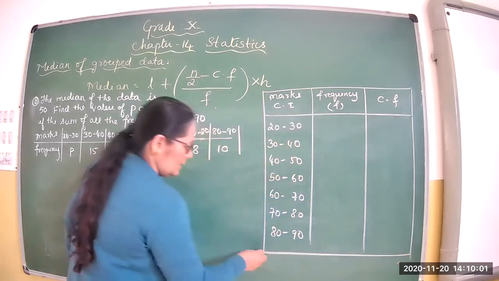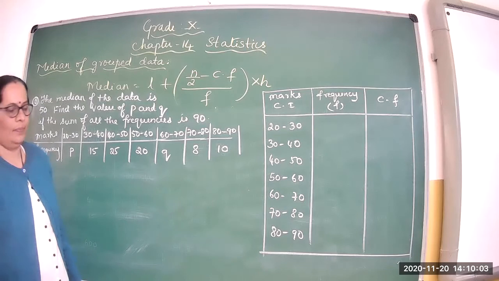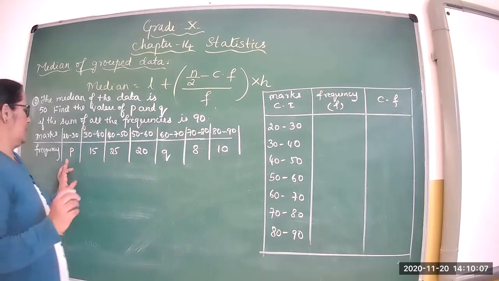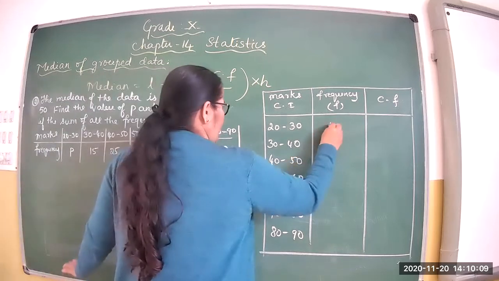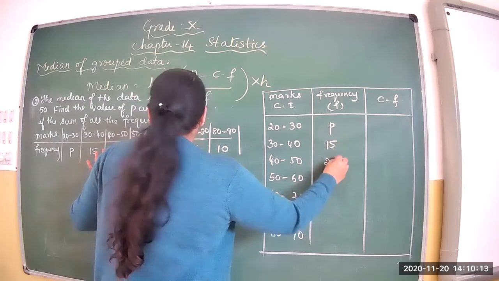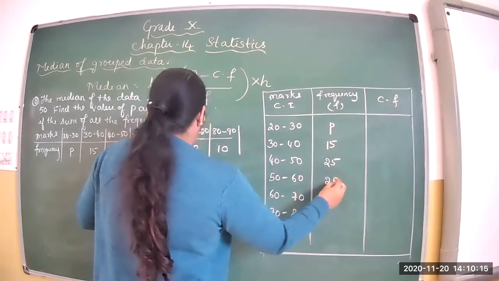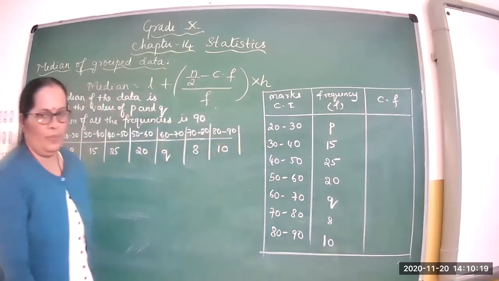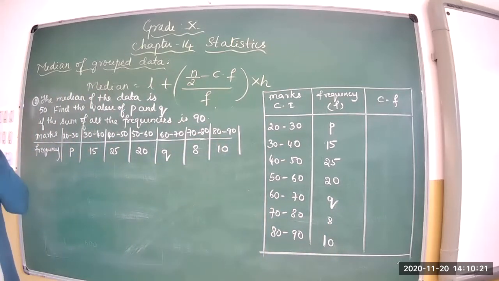Now note down all the frequencies. The first one is given as P, then 15, then 25, then 20, Q, 8, 10. In that, P and Q are missing.